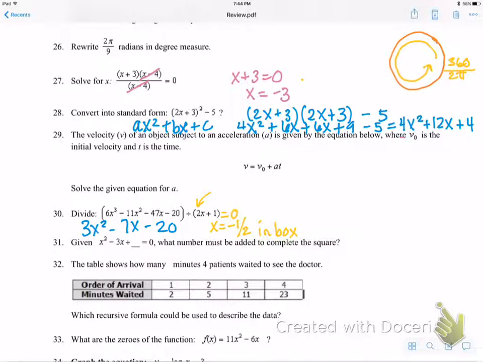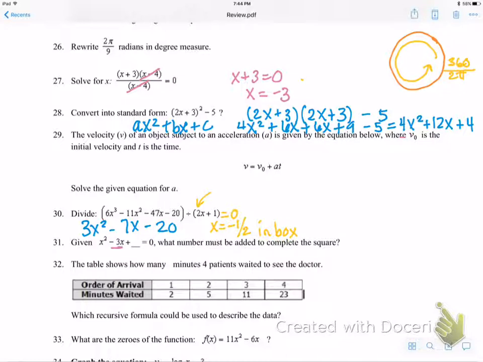We used completing the square in a couple of earlier problems with circles and vertex form. Remember, to complete the square we have to take the number that's beside the linear term, in this case the x here, and we've got to divide it by 2 and then square it. Well, -3 divided by 2 is -1.5.